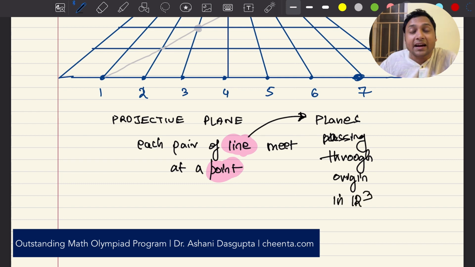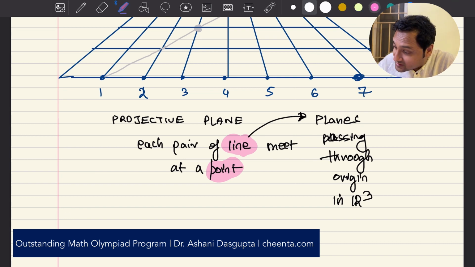So you take the three-dimensional space, you put a coordinate system there, and you take all the planes passing through origin. Those planes are the lines.